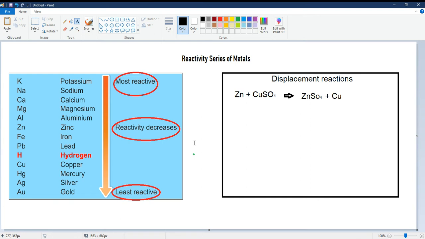Well, here you can see sulfate is a non-metal, copper is a metal, and zinc is also a metal. Zinc displaces copper and becomes zinc sulfate.